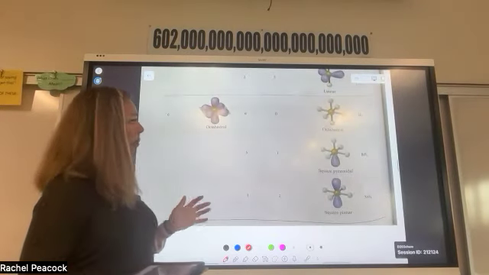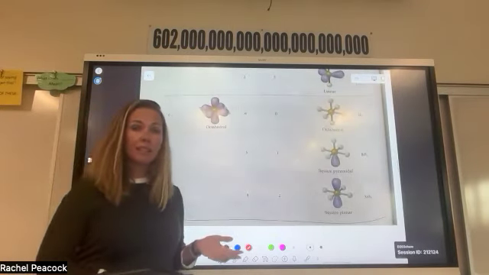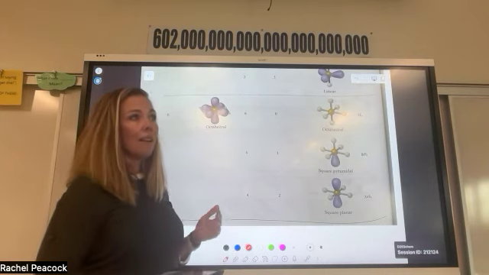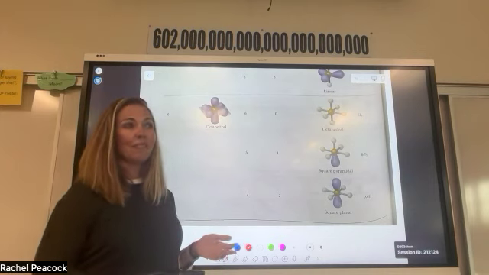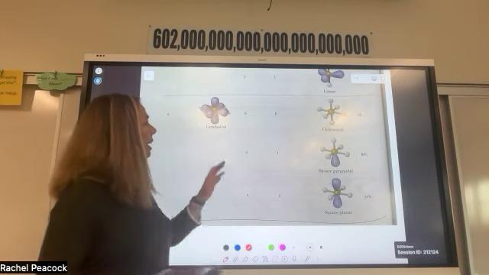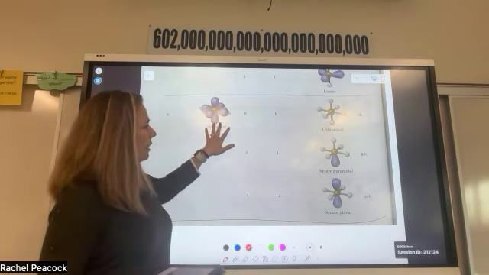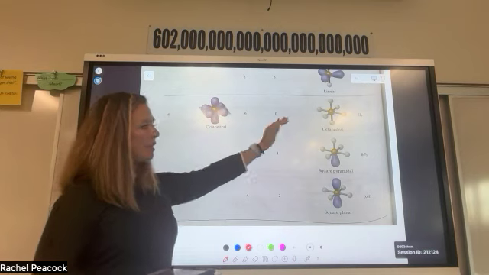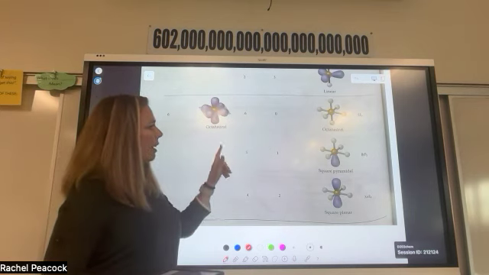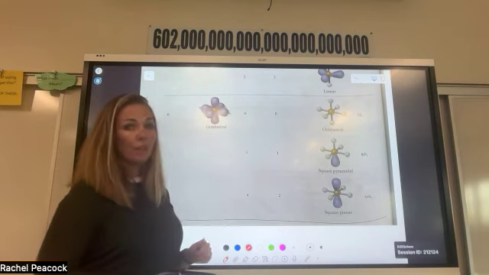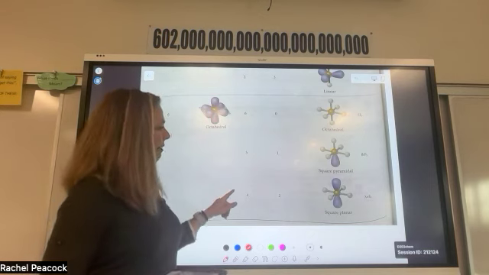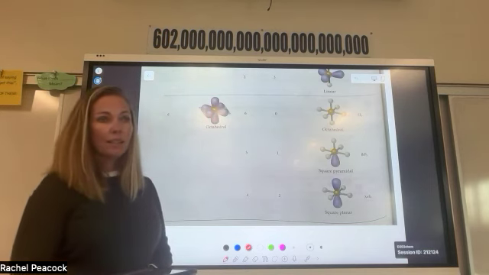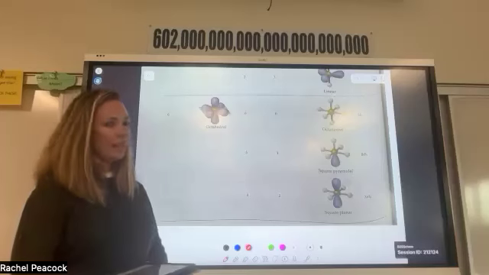And then sometimes you might even have 6 electron domains coming off the central atom. Okay. So that's considered octahedral. So if it's 6 and 0, octahedral. If it's 5 and 1, that's called square pyramidal. And if it's 4 and 2, that's considered to be square planar.